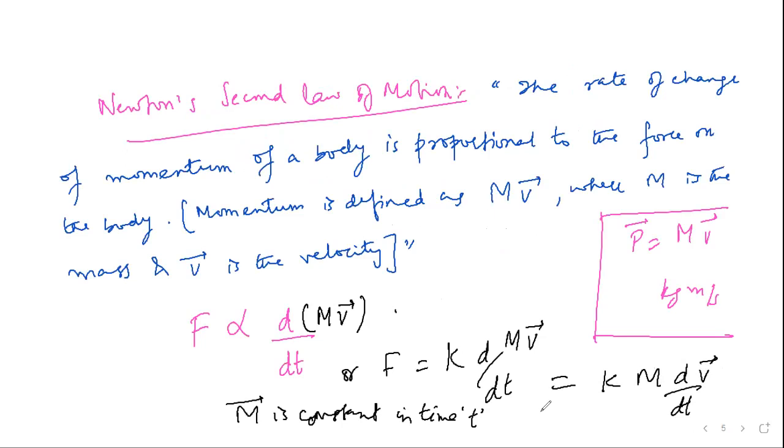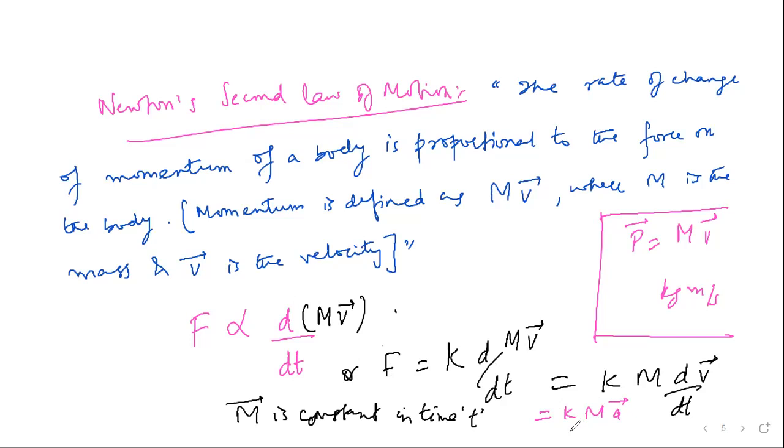I can write here F is k m a, because the rate of change of velocity is acceleration. So coming back to making k 1, we say when m is 1 kg and its acceleration is 1 meter per second square, then that much force we call 1 Newton. On the right hand side, this becomes 1, this becomes 1, the ratio becomes 1.